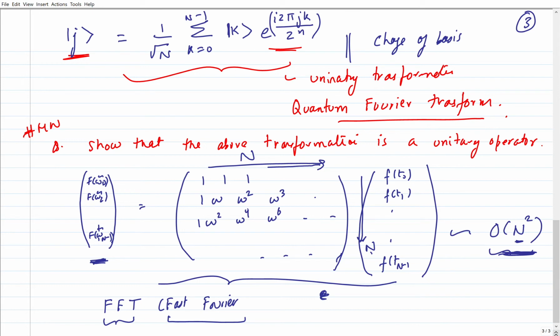So you make this matrix block diagonal, use some arguments, and you do that. So fast Fourier transform has a complexity of n log n times.